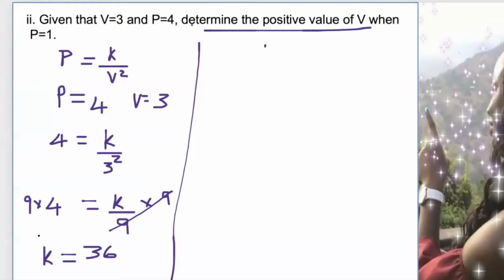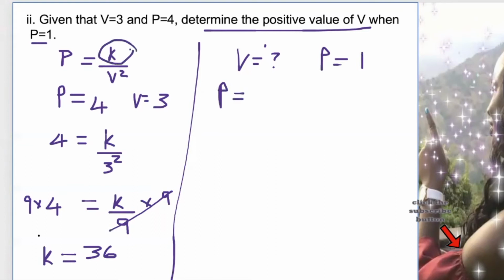Here we need to determine the positive value of V when P is 1. So rewriting the formula with the K that I've just found, K being replaced with this 36, I'll have P equals 36 over V squared.